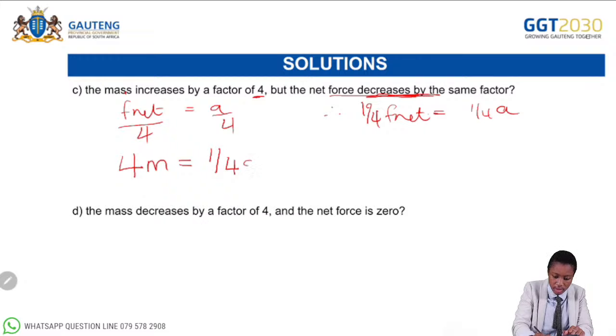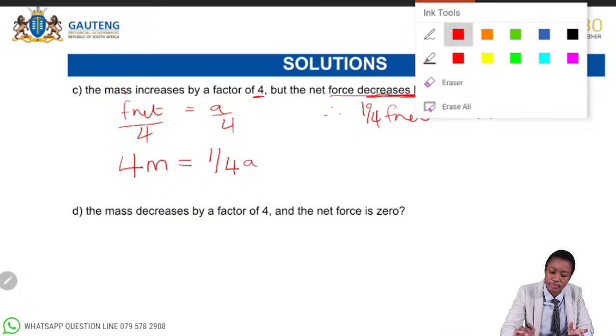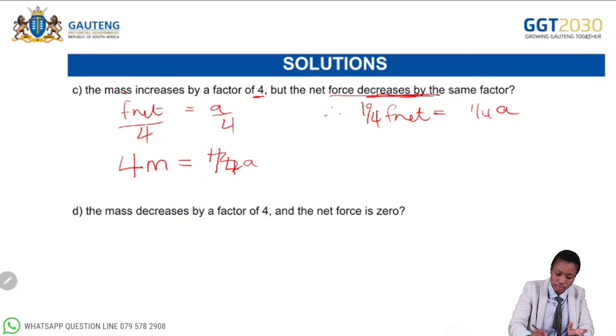So what do we have here? Okay, let me write it like that. I have A that decreased by a factor of 4. And then here I'll write it as my 4m, only interested in the acceleration part.